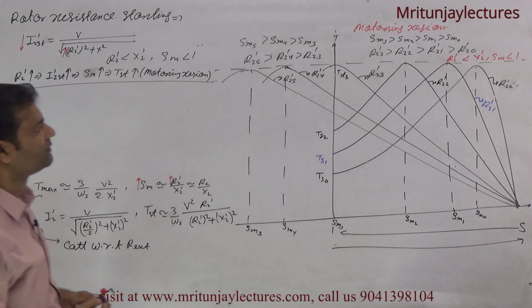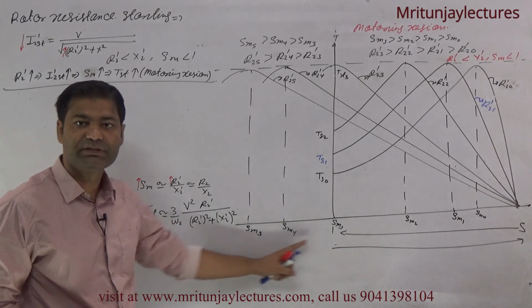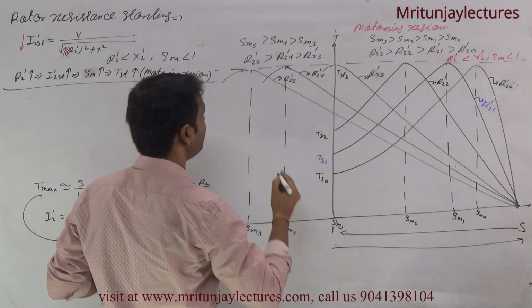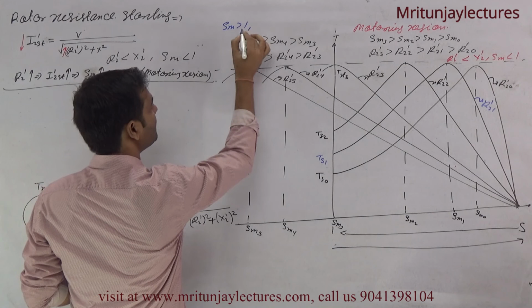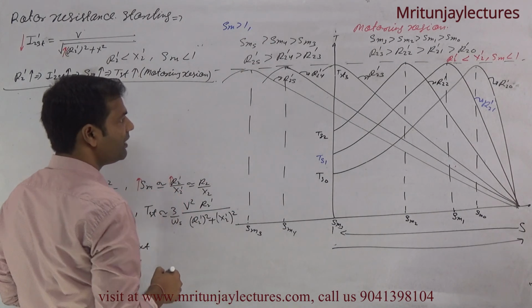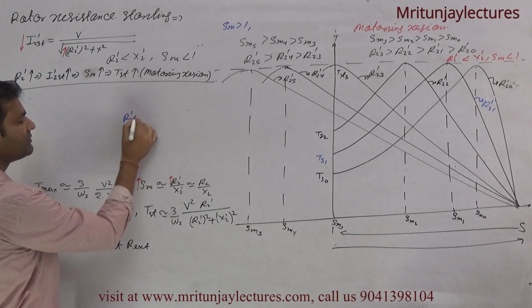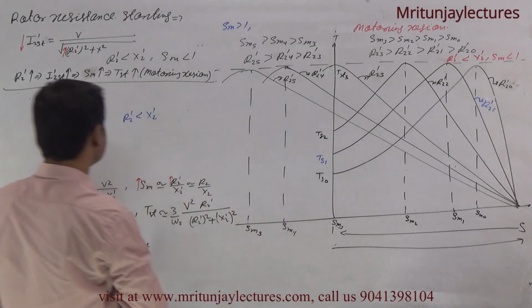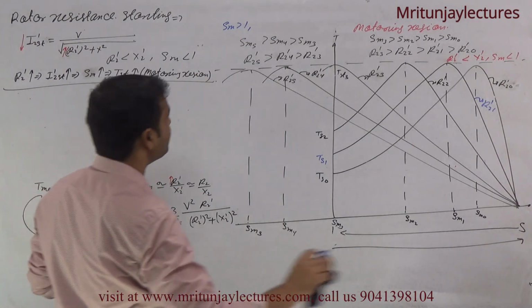Clear? In this region, this region is called the braking region because slip is greater than 1, SM is greater than 1. And what about the relation between R2 dash and X2 dash? R2 dash is greater than X2 dash in this region.